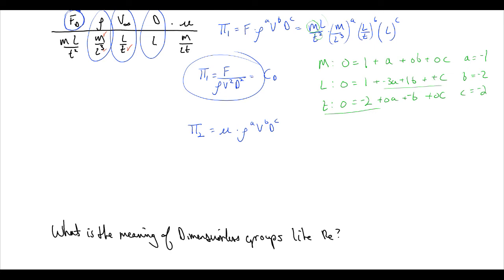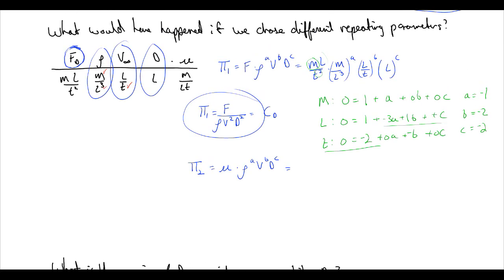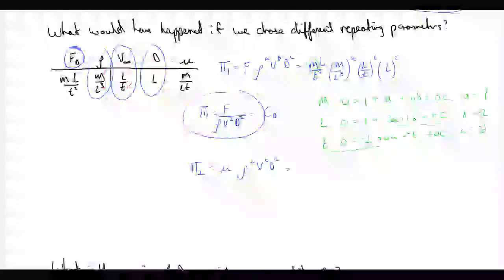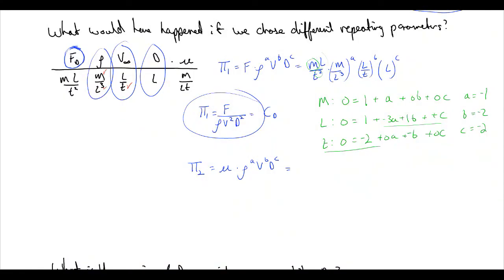So I'm going to let you write out the equation here to set it up, and then do the system of equations and solve for A, B, and C. Although, just a heads up before you start, it's not going to be Reynolds number. It's going to be equal to Reynolds number to the negative 1. Okay, go ahead and do it, and then come back, or unpause, or whatever.